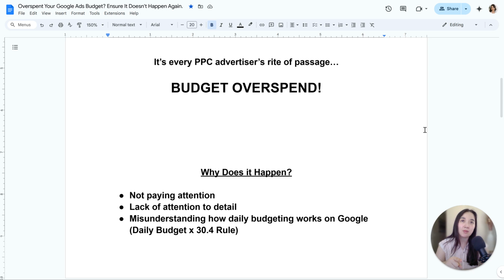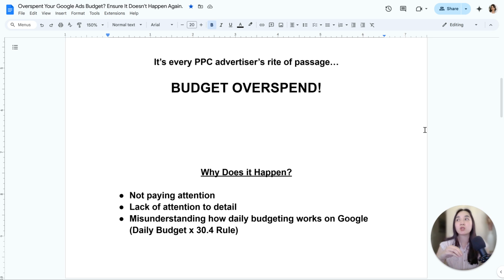Now, keep in mind that there's a little rule that Google has that Google can spend up to 2 times more than your daily budget. So if your average daily budget's 49, let's just round it to 50, then Google can spend up to $100 in a day, because that's just how it works.